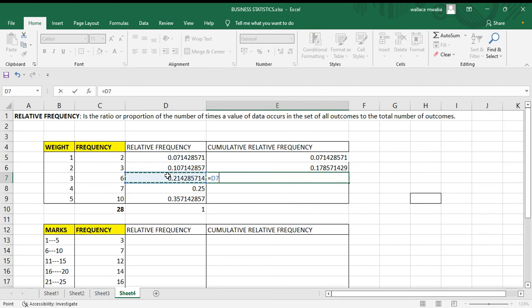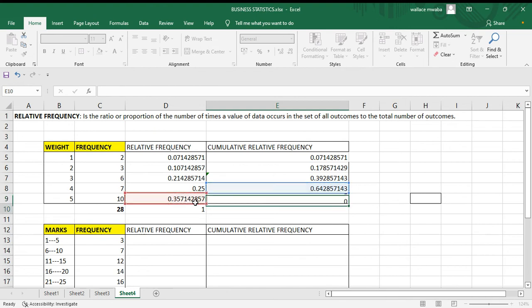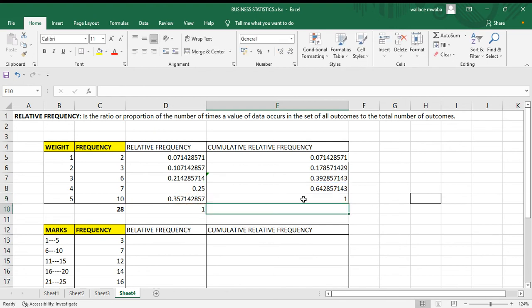Then we're going to add again, and so on, until we get 1. Like in the previous videos, you just add all the relative frequencies in succession.